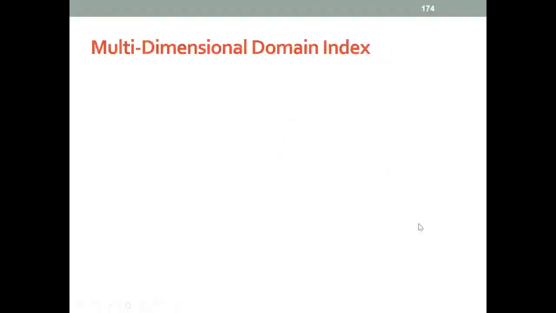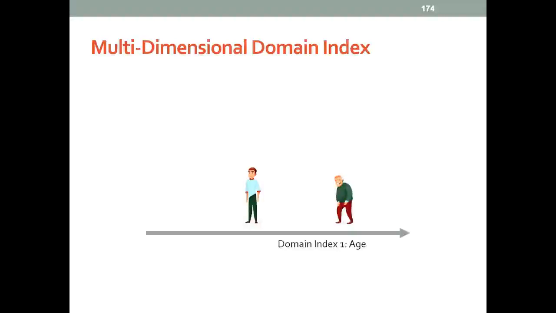So until now, we only considered continuous domain adaptation with a single domain index. But in reality, we often know that there are multiple factors that can affect the domain shift. Therefore, here we introduce the idea of a multi-dimensional domain index.